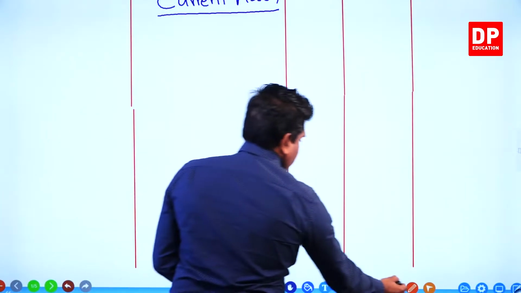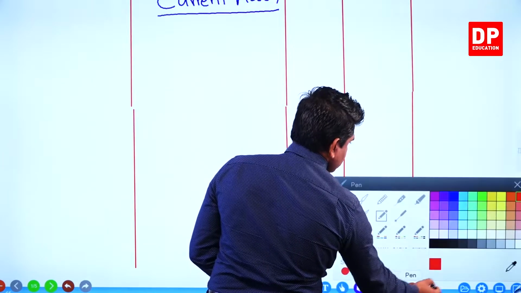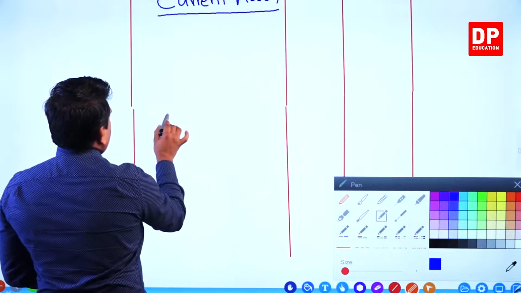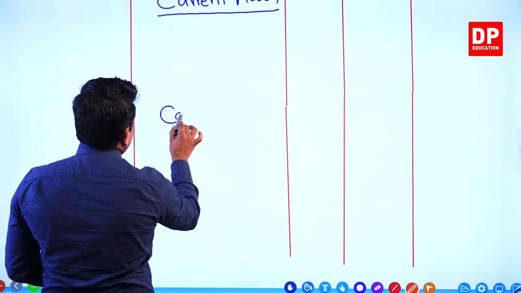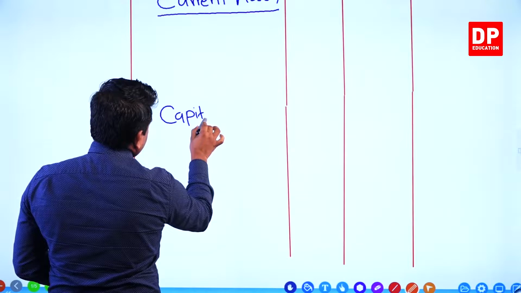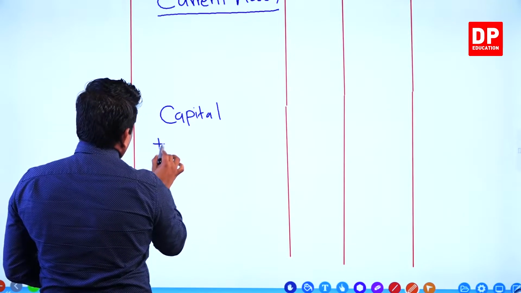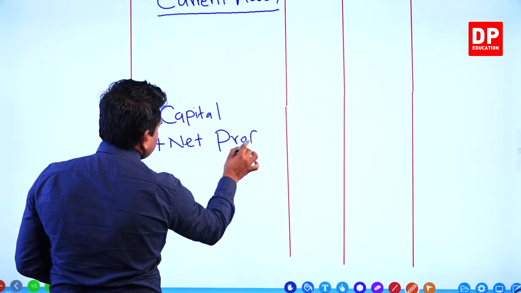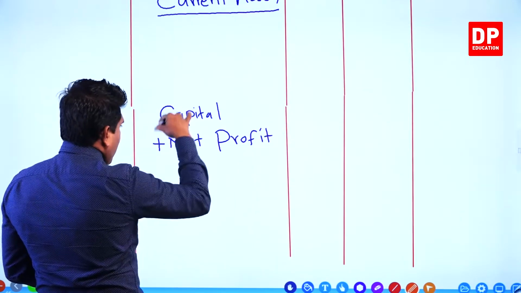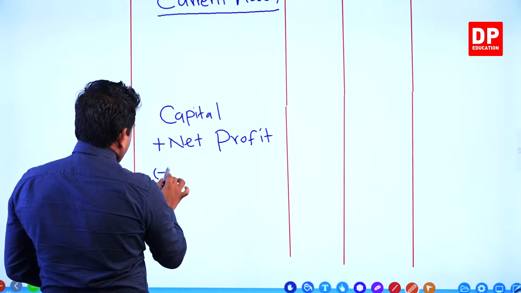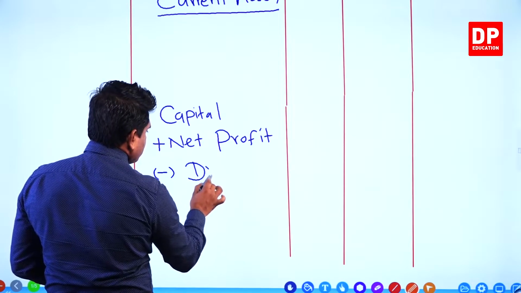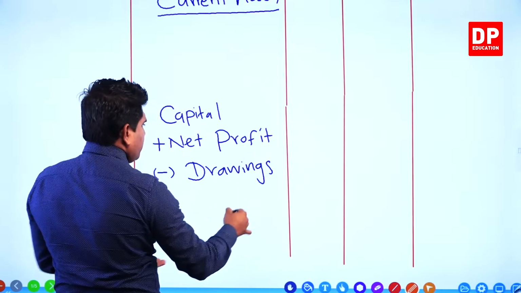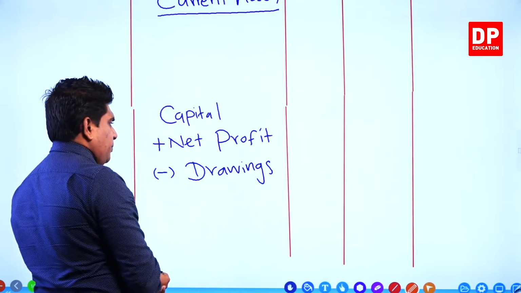Current assets, the other side, capital, then plus net profit. After adding these two, from that we write what? Minus drawings. Then you can finalize here the capital.